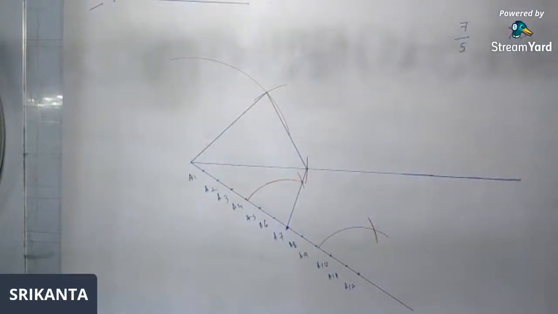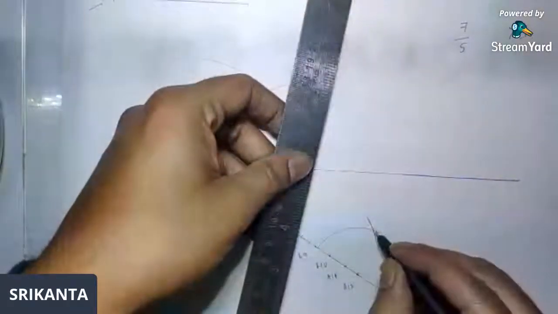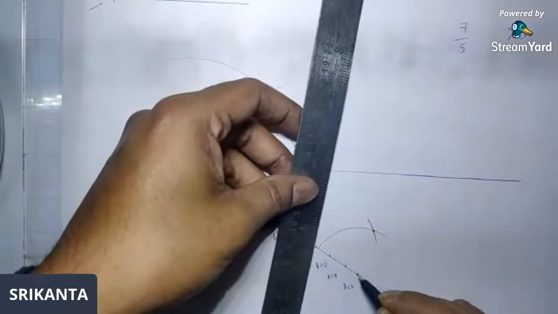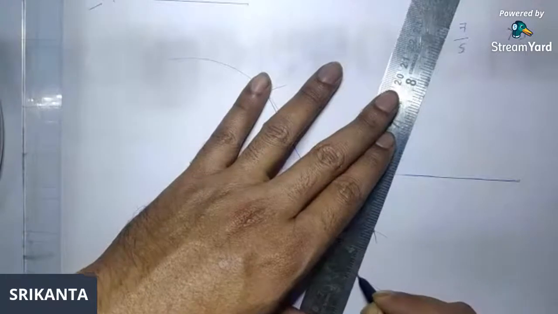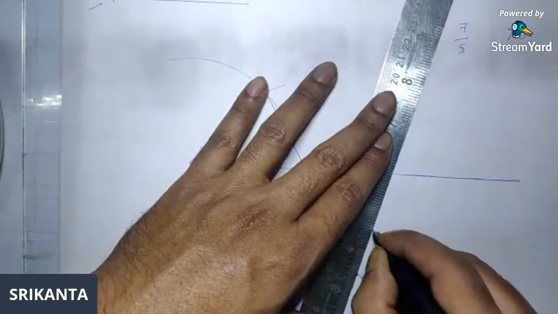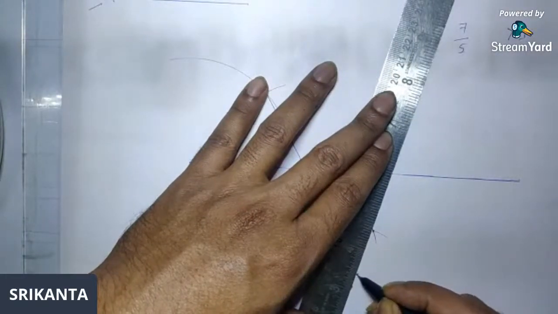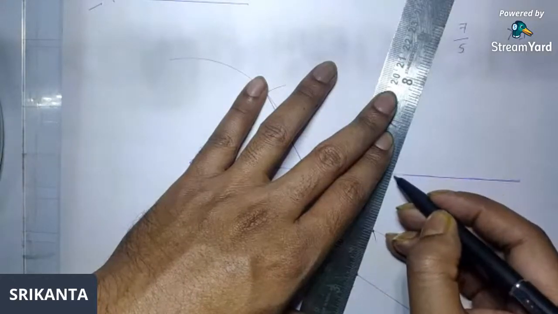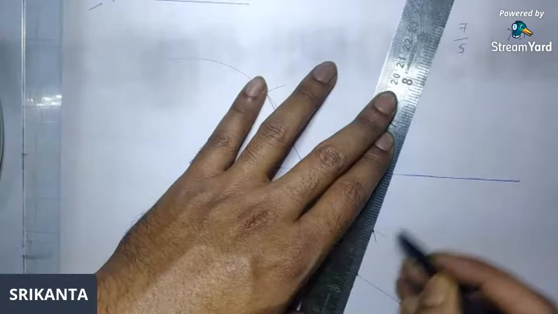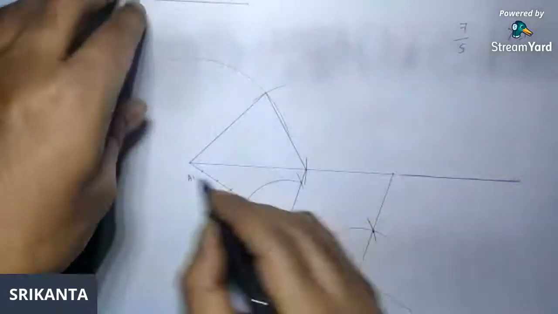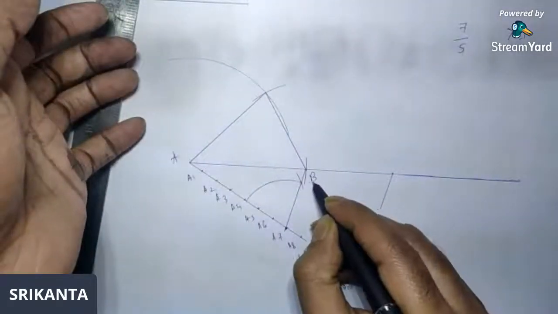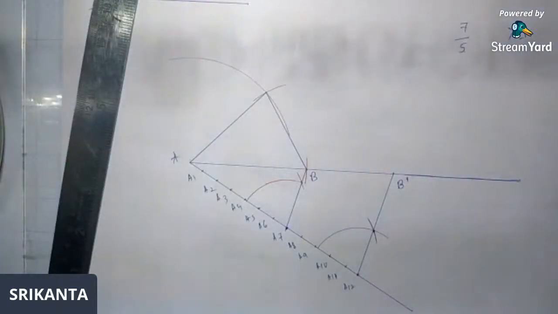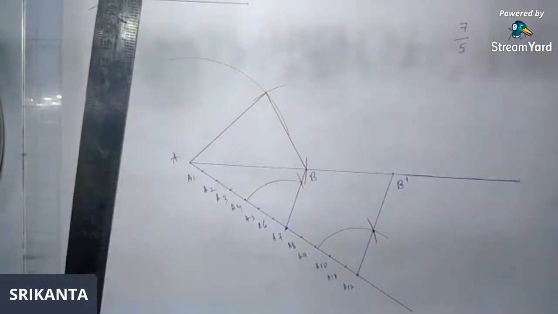And then what we'll do? You will join these 2 points and increase it to cut it at this point. So suppose this is A, B. So suppose this is B dash. Clear? Found?